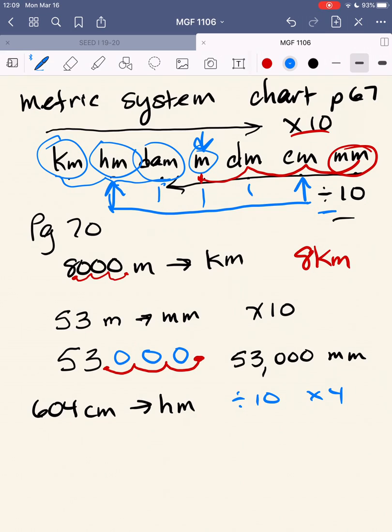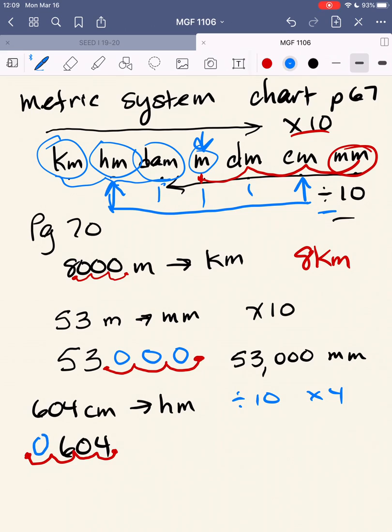So I'm going to take my 604, and since I'm dividing, I have to move my decimal to the left, or make it smaller. The decimal starts here. I go 1, 2, 3, and 4.